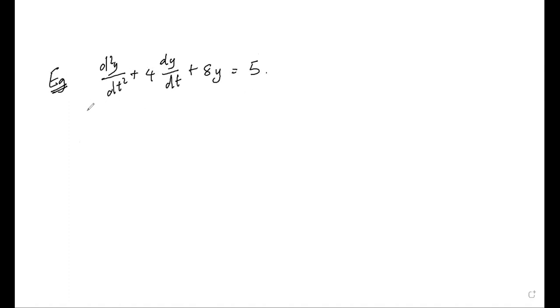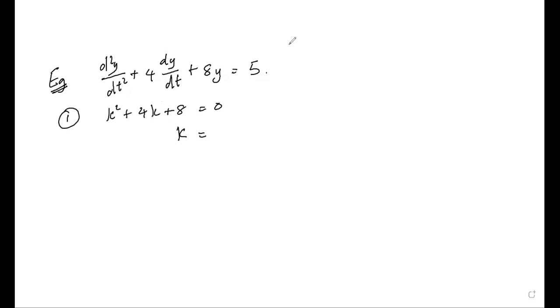The first one we talked about is the direct method of the auxiliary equation. The auxiliary equation would be k² + 4k + 8 = 0, and then we want to find k, so we use the quadratic formula.